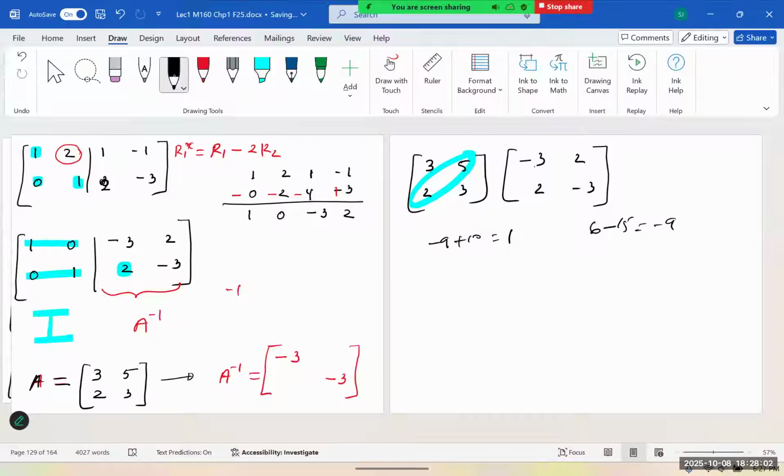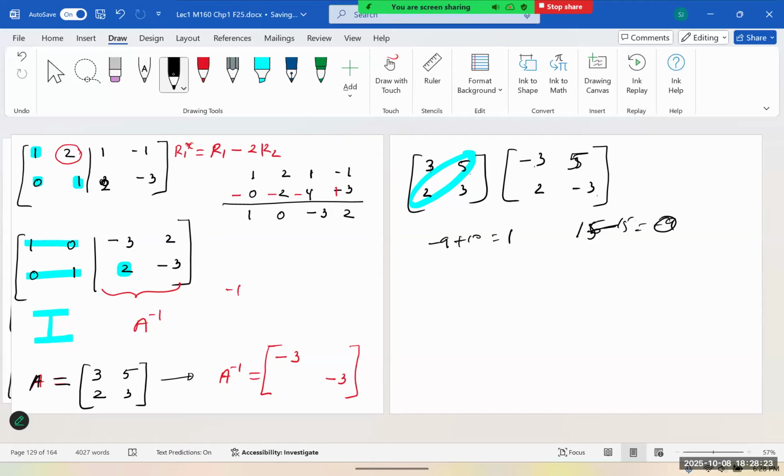So see, we're supposed to get 0, but we didn't get 0. That means this is wrong. So this one is 5, really? 3 times 5 is 15 minus 3 times 5 is 15. So we get 15 minus 15, 0.